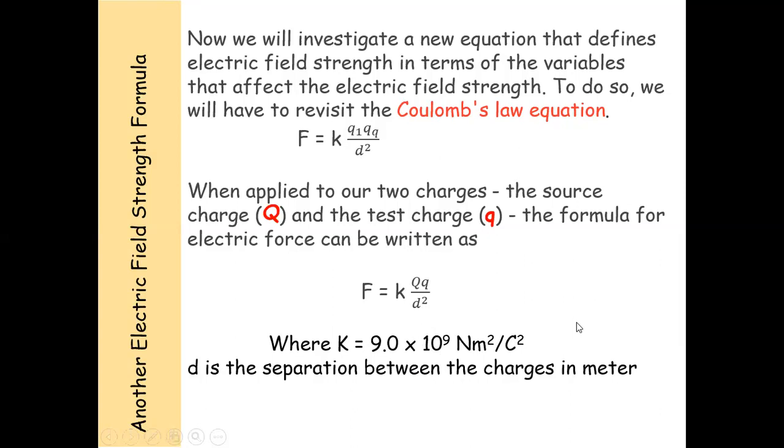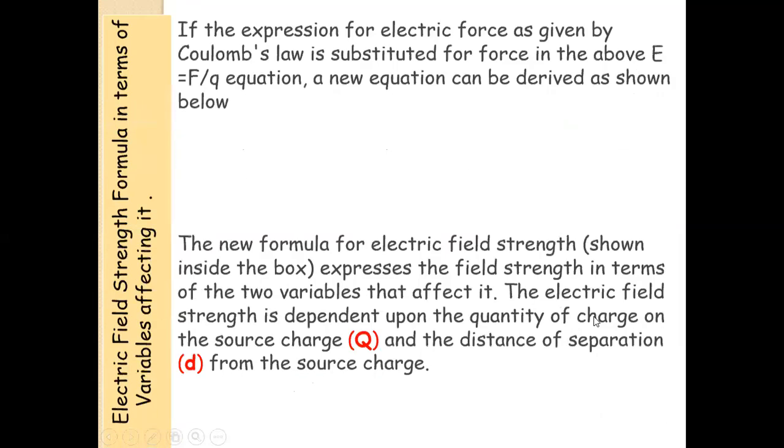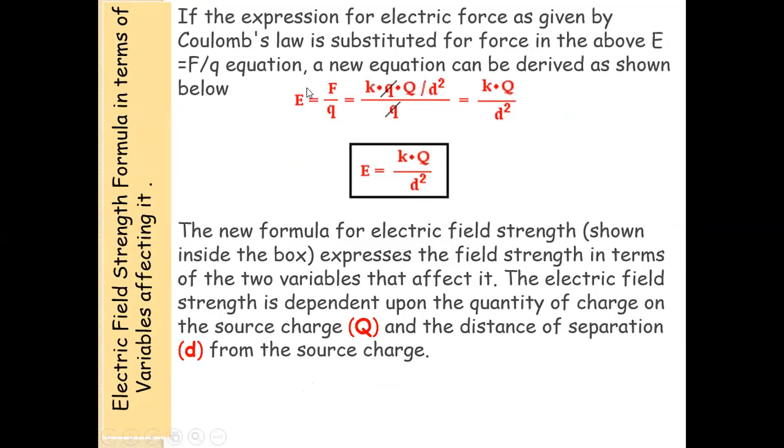Now we are going to find the electric field strength. Since this is the electric force, and electric field strength by definition is E is equal to F upon q, substituting the value of F, that is k into the source charge into the test charge, divided by the test charge, and the square of the distance between them, we get k into the source charge upon the square of the distance.